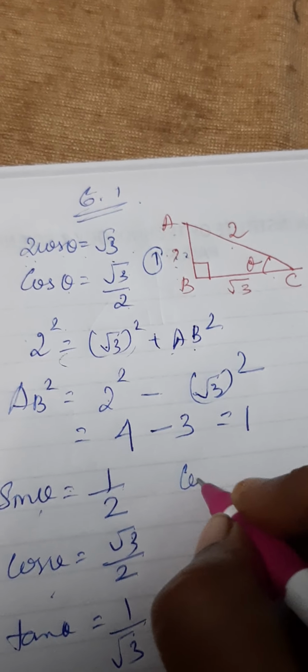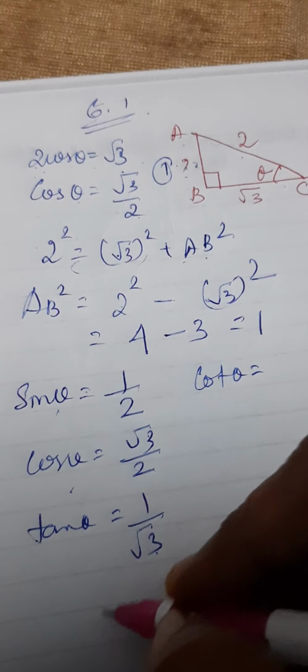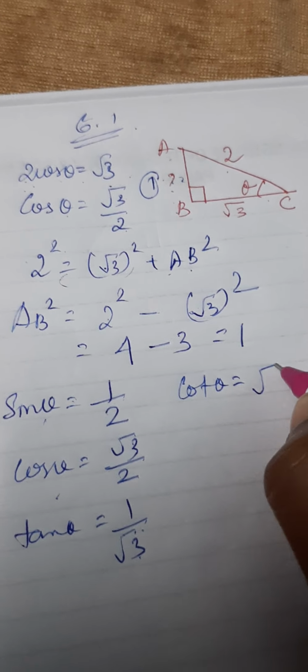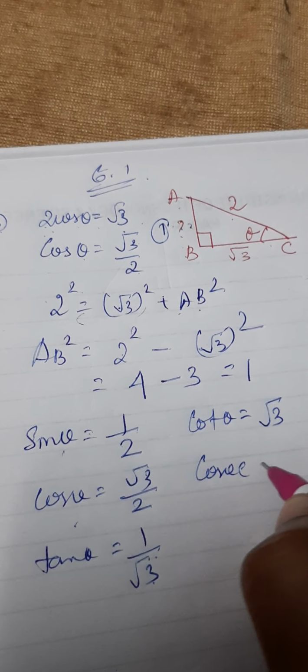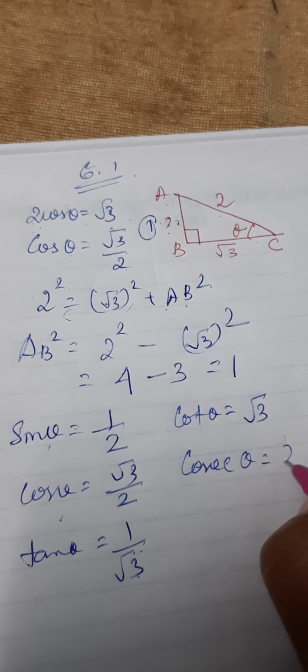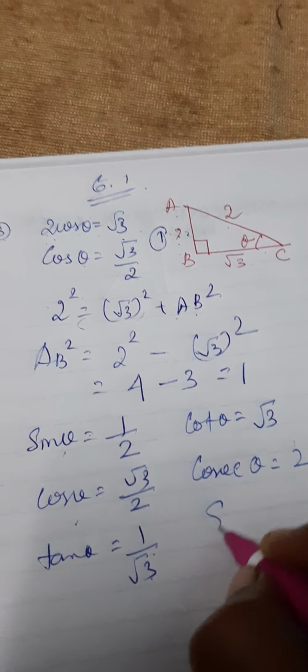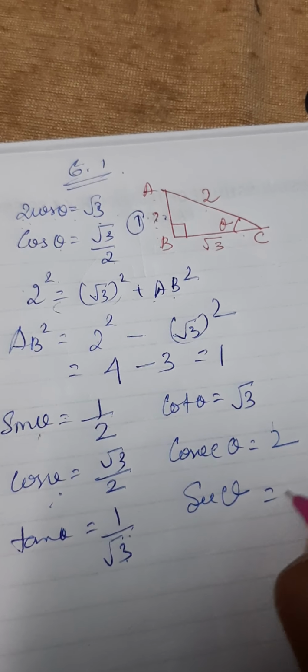Then cot theta, which is 1 by tan theta, that means inverse of this, only root 3. Cosecant theta, which is inverse of sin, is 2 by 1, that means only 2, and then secant theta, which is inverse of cos, 2 by root 3.